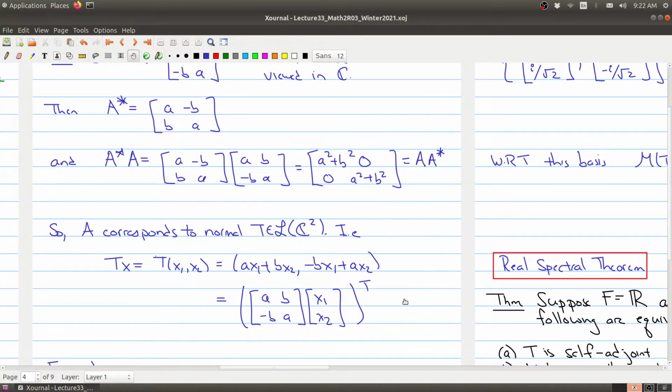Now this operator is normal, and that's what we're demonstrating right here: the operator associated to it is normal because the conjugate transpose times A is the same thing in the reverse order.